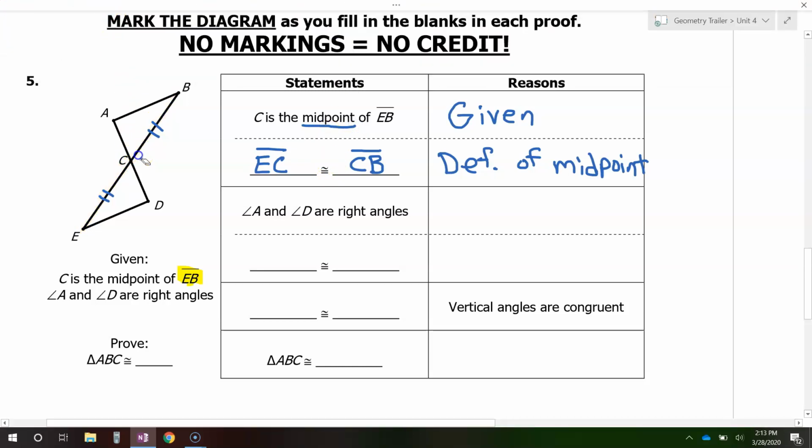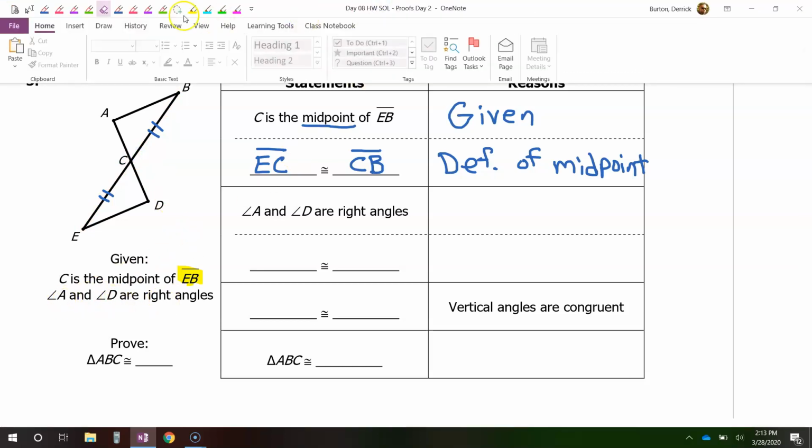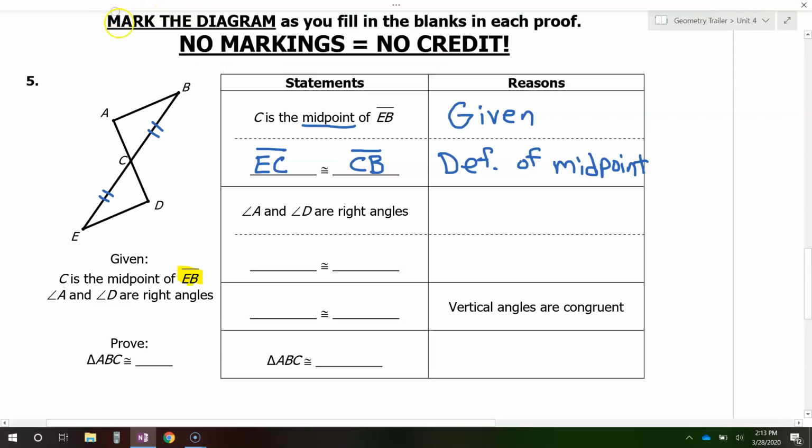In addition, we are given that angle A and D are right angles. So we can just mark that like this. Angle A and angle D are right angles. So that was given. Now, when you have right angles, the next thing you do is you say that they are congruent.